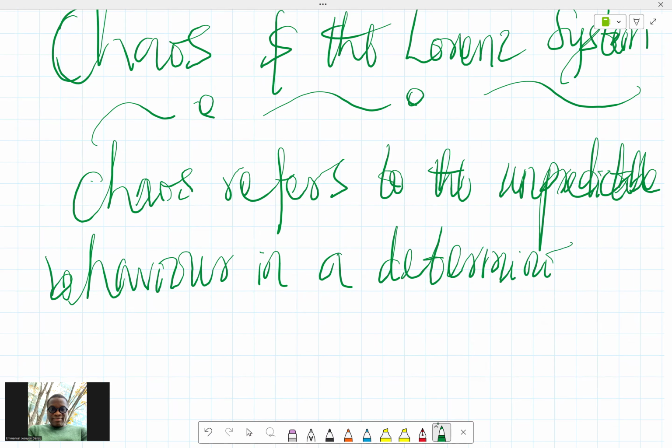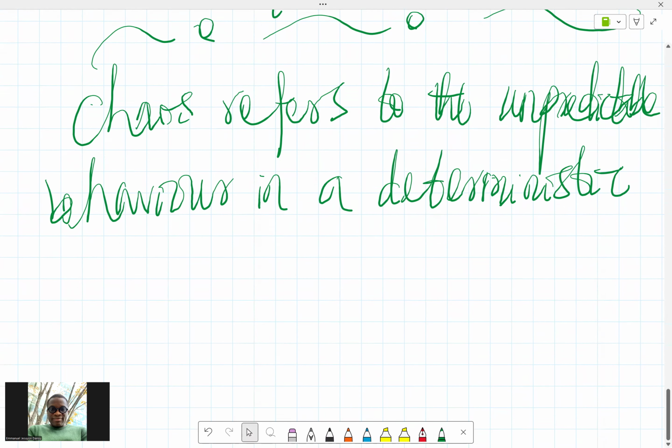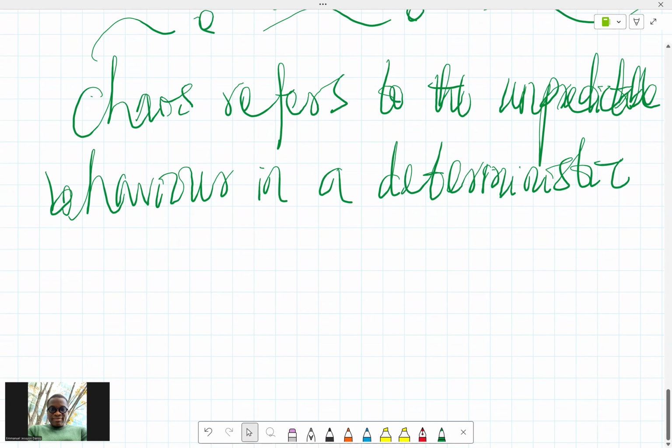Unpredictable behavior is okay when you have a probabilistic or stochastic system. But when you have a deterministic system where the input determines the outputs, and it is now unpredictable, then that's chaos.